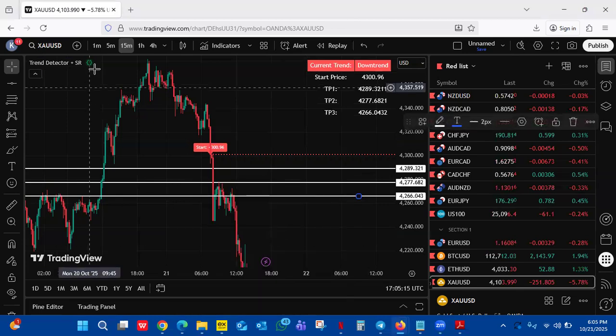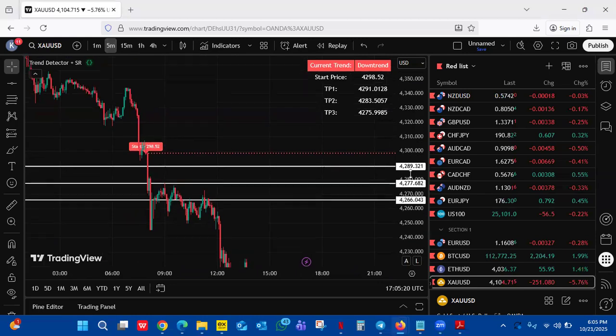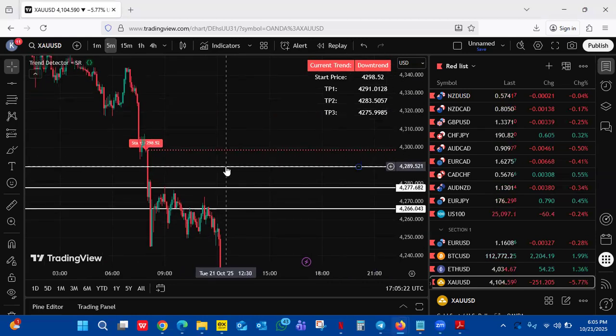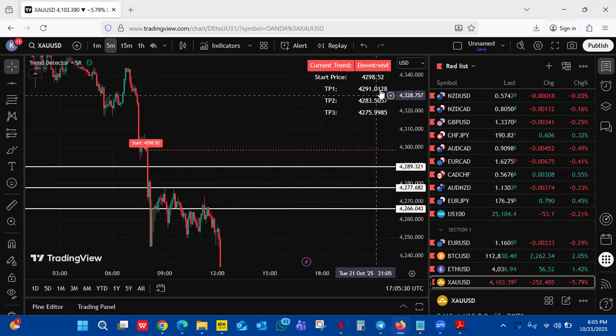So you can see TP3. If I move on to the 5 minute time frame, you can see there is a difference. TP1 is 4289.321 for 15 minutes, while for the 5 minute chart it says 4291.0128. Consider that difference.